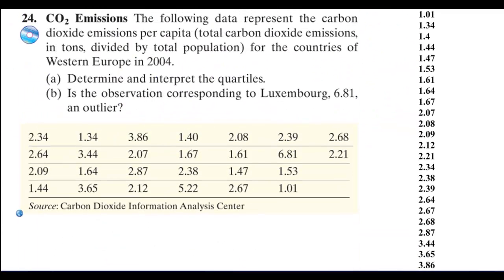Okay, for number 24, it's asking us to determine and interpret the quartiles, and also work through and see if there are outliers. It's asking specifically if this 6.81 is an outlier, so we're going to find out. The first thing we want to do is determine the quartiles.